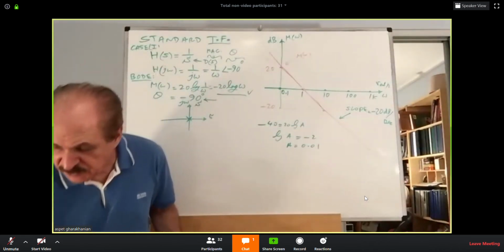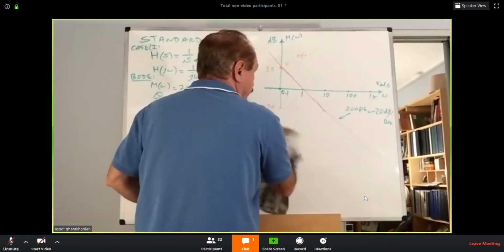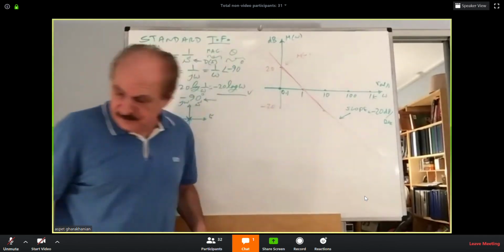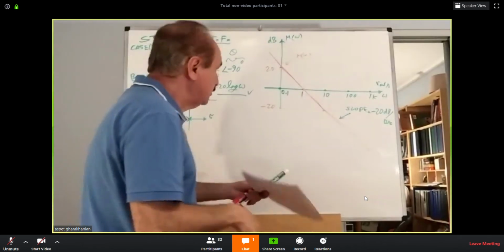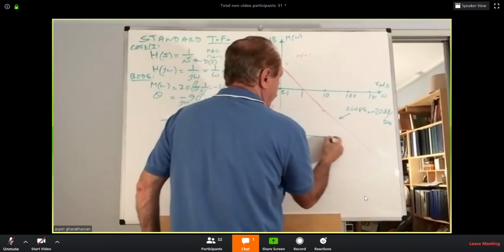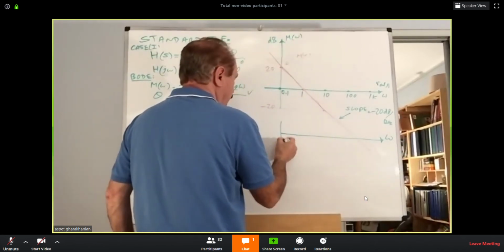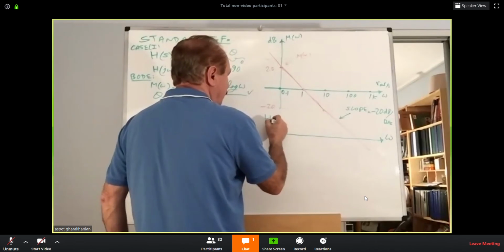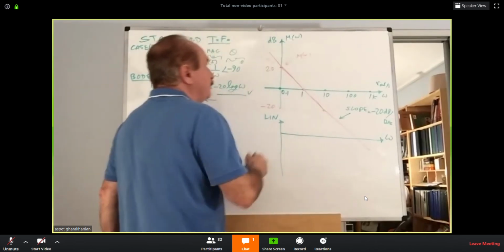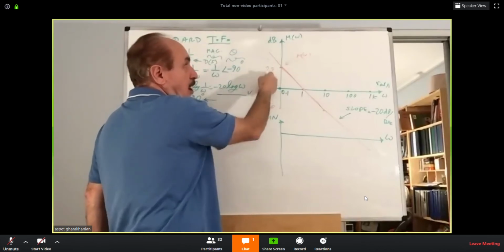So what happens to the angle? They come together, so we will utilize identical scale. Omega here is linear. That one is also linear, but it is already log. The numbers are log.